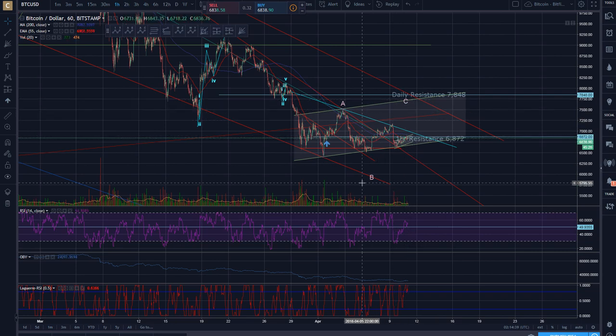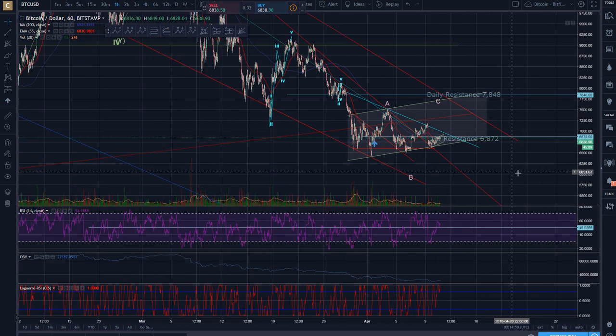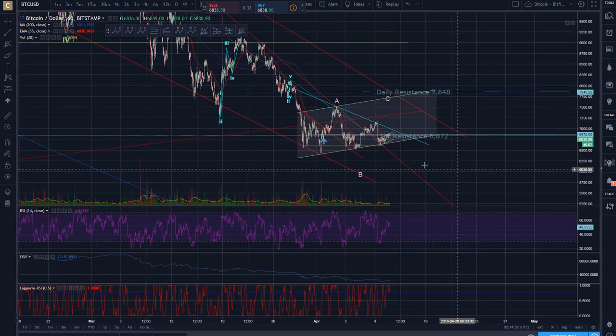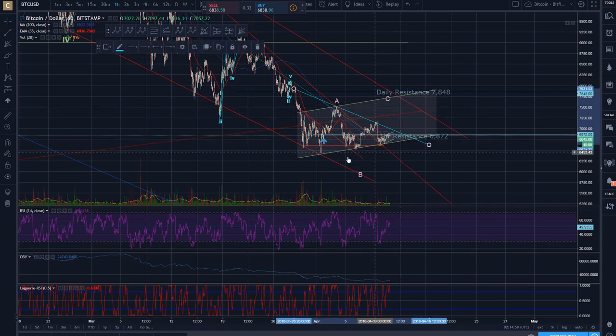It's looking less and less that that's going to be the case. But I'm going to hold on to this for a little bit more, in the case that it does turn out to be that. As far as this correction that we have right here, yeah, it could be a triangle. This could be the top of it right here, and the bottom of it would be the bottom of this channel.